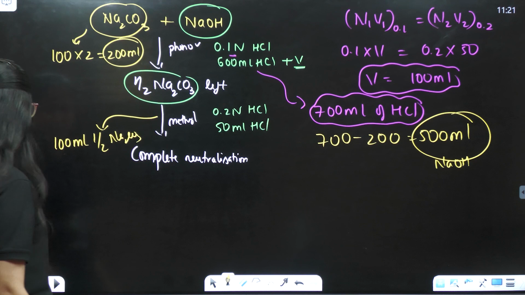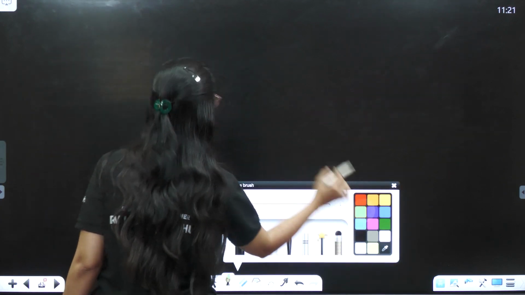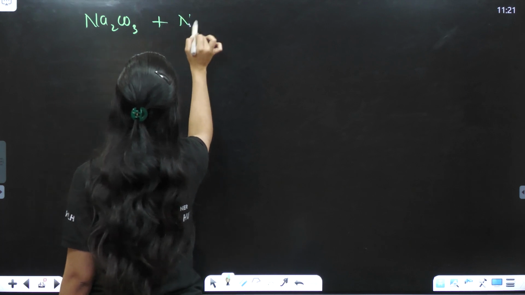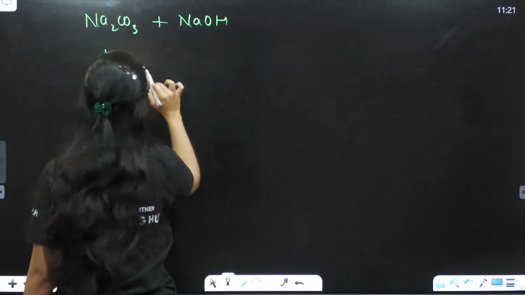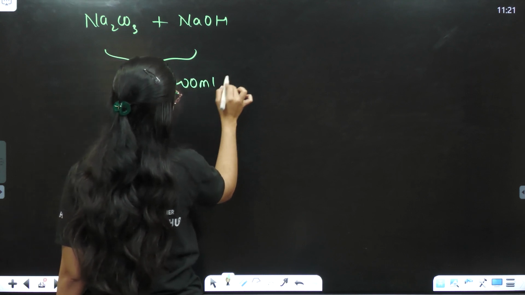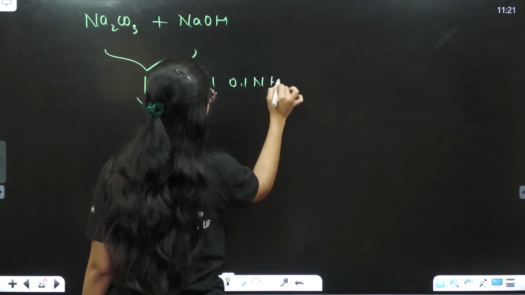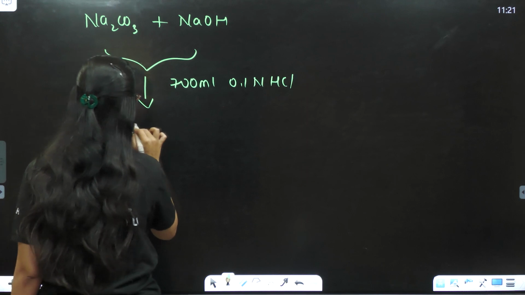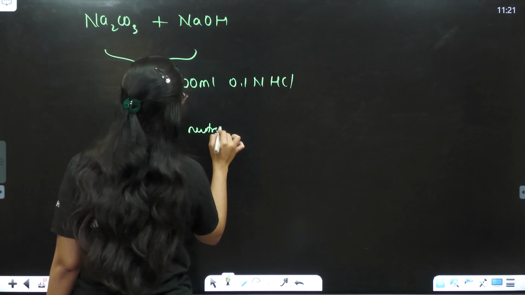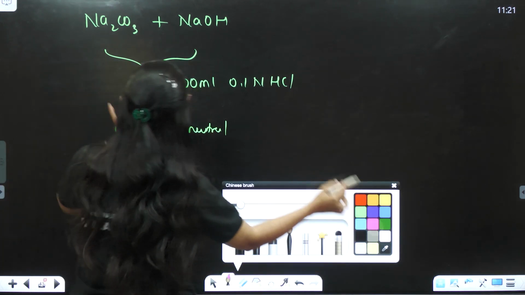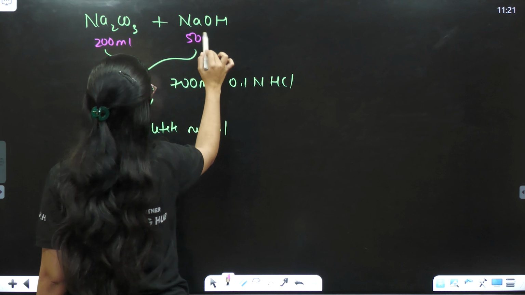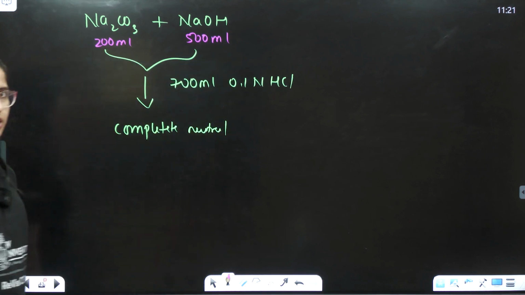Understood? So what we got in conclusion: when you take Na2CO3 and NaOH together, 700 ml of 0.1 normal HCl is required for complete neutralization, out of which Na2CO3 required 200 ml and the rest is required for NaOH.